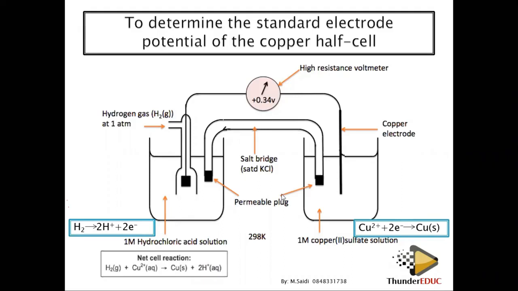So I will start with this. I will say that I have the anode, when you write the cell notation. I have hydrogen. This hydrogen goes to platinum. So I have hydrogen gas, comma, platinum, because this platinum shows that this is just an electrode.